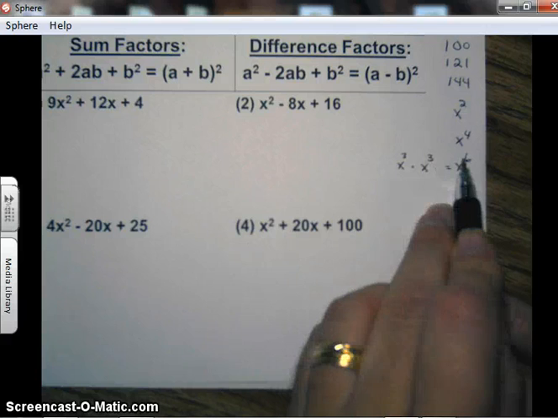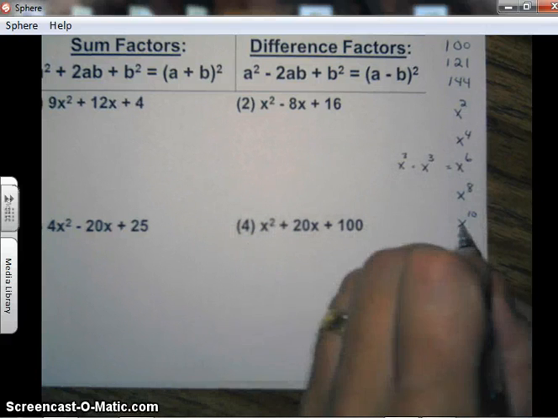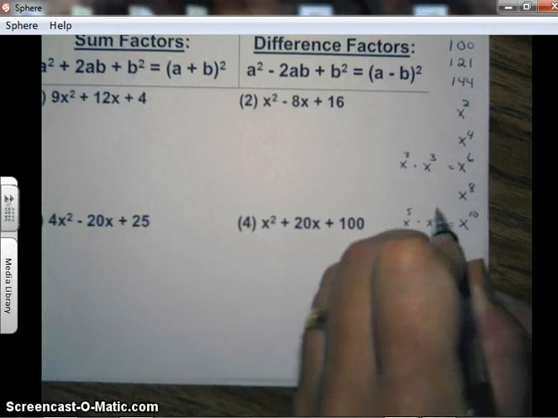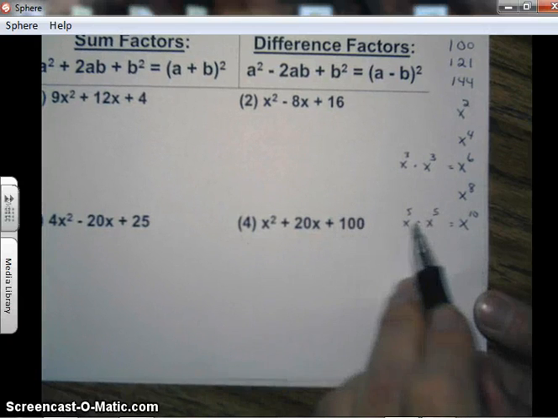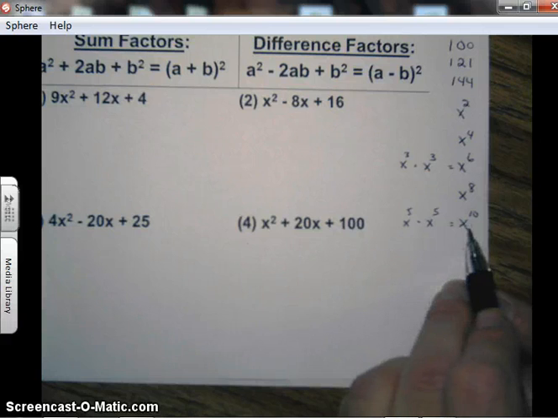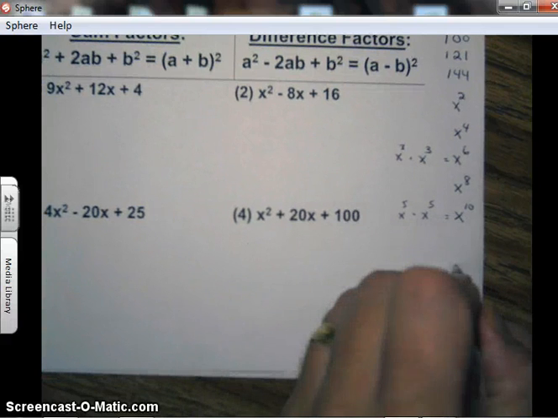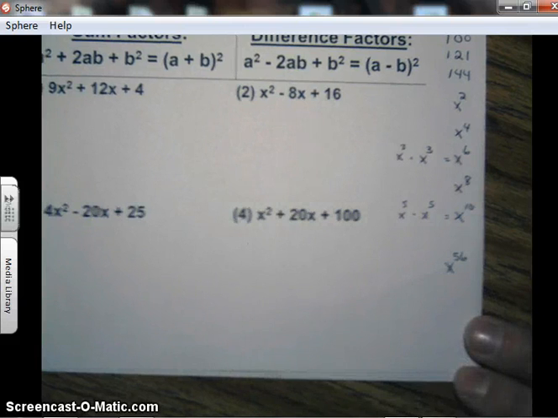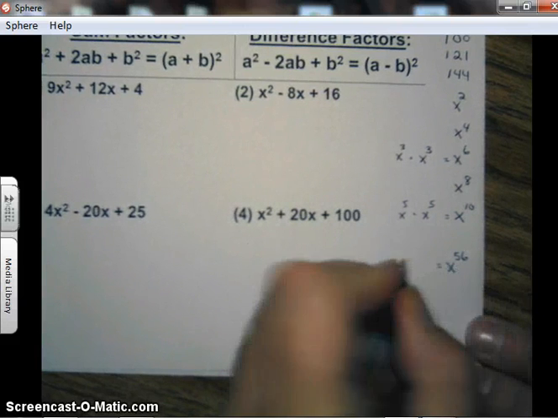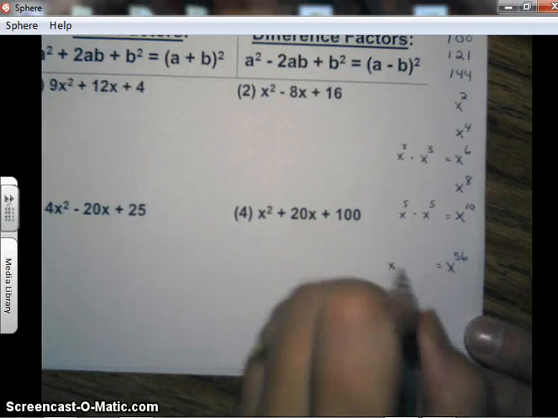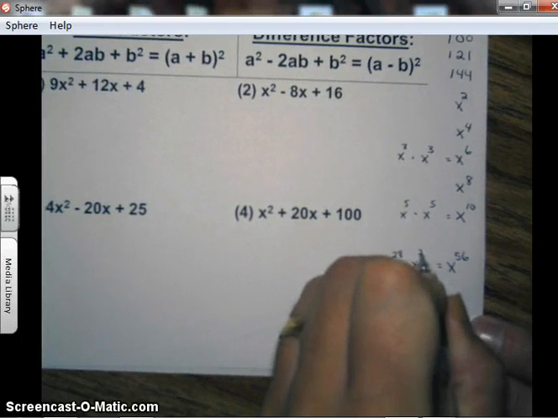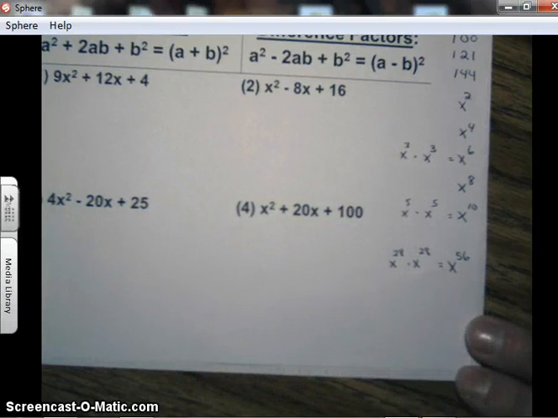So 3 plus 3 is 6. This one would be x to the 5th times x to the 5th. Anytime you multiply something times itself, you get a perfect square, so anything with an even exponent. That would be x to the 28th times x to the 28th, which is a perfect square.